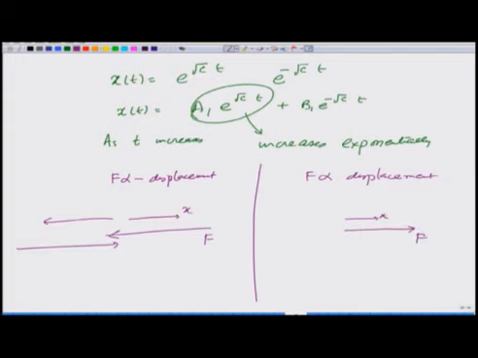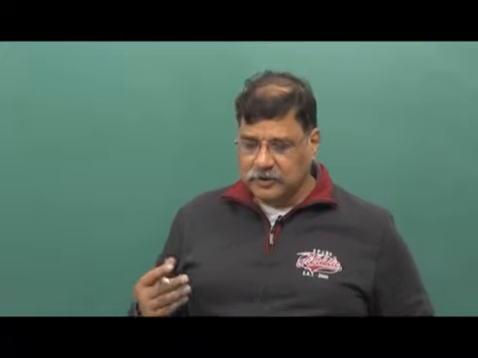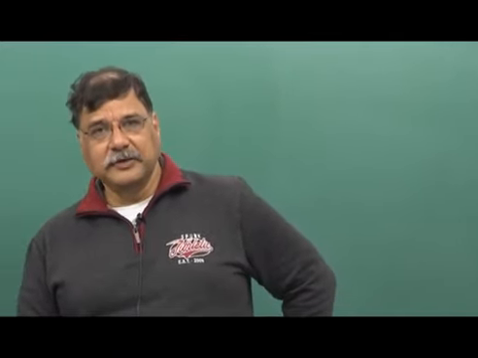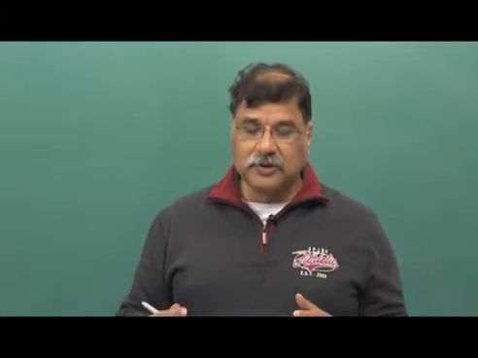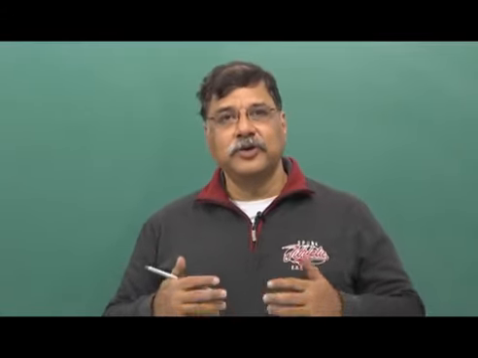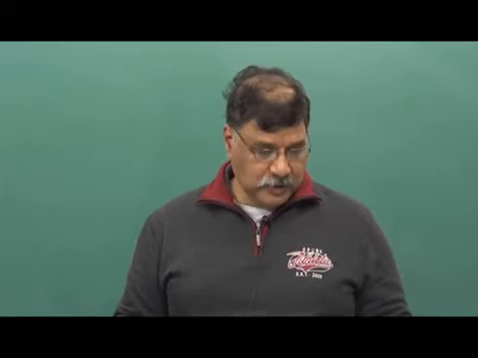So, it makes the displacement grow faster. If the displacement is the other side, force is also on that side. So, it makes the displacement grow farther, and that is shown by this exponentially increasing term. So, this is the mathematical digression that tells you how the solution arises, and how, if that minus sign is not there, the solution, instead of being oscillatory, will be exponentially increasing, and there will be no oscillatory motion.